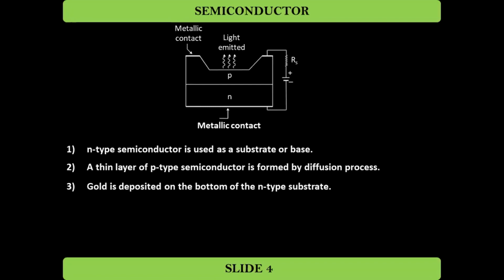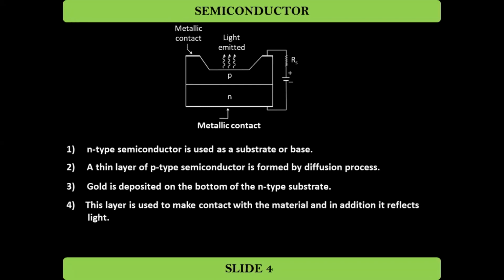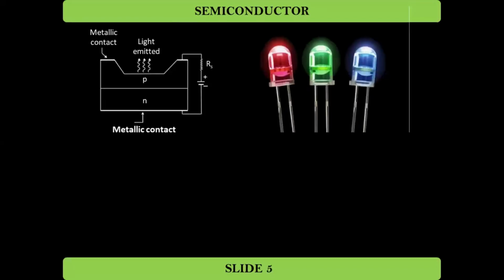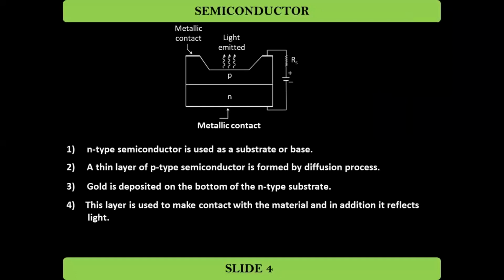You coat it with gold. Why do we do it? Because this layer is used to make contact with the material, and second, it will also reflect the light.